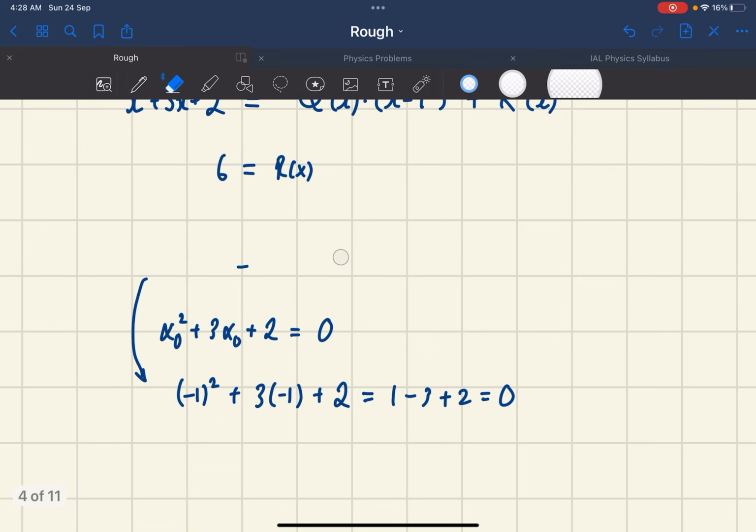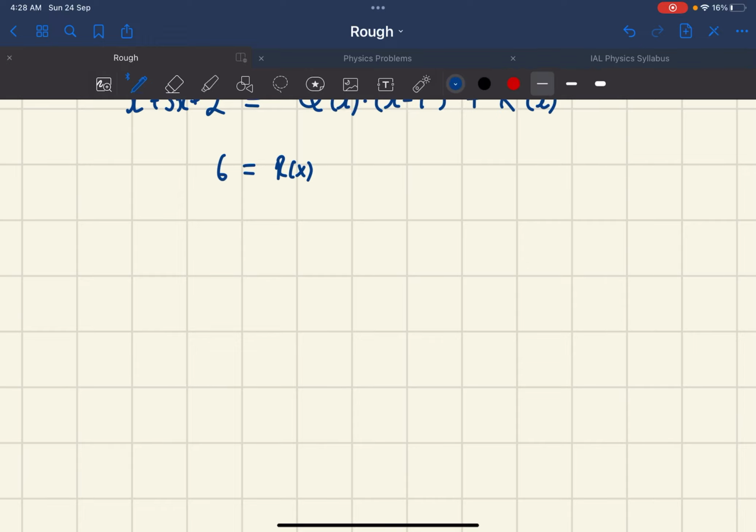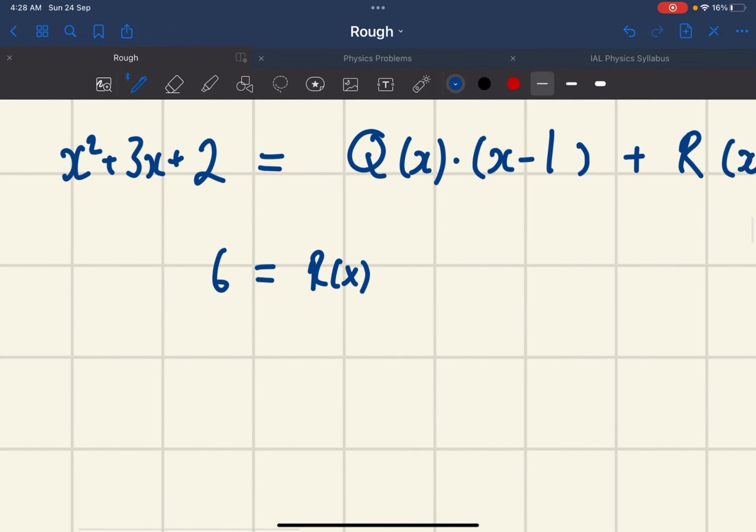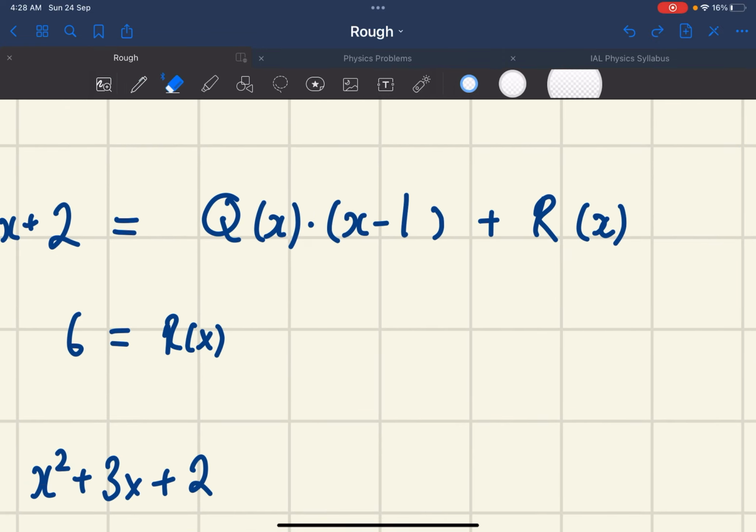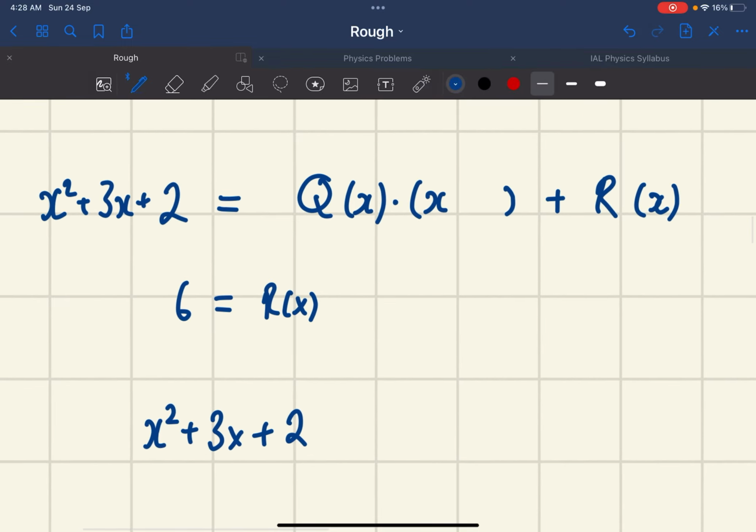So now, if we were to try to divide x squared plus 3x plus 2 into this form, actually, what do we want to divide by? Minus a root. This is a trick, right? Why? Let's look.